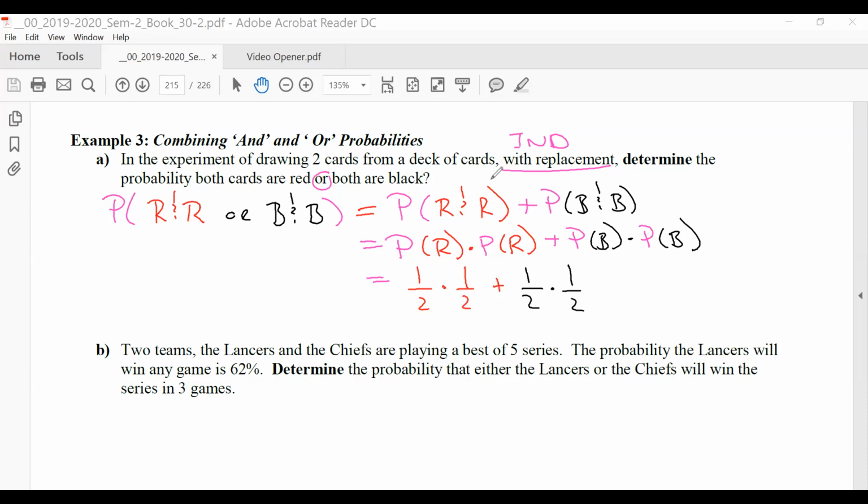And if you need to, you pick up your calculator, but that's going to be a quarter plus a quarter, which the kids tell me is 1/2.